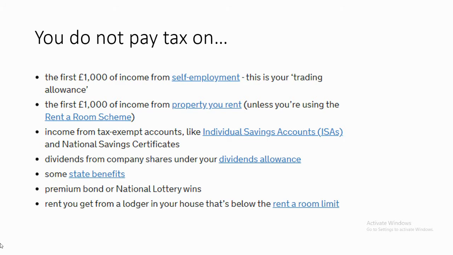Dividends through your company, dividends through shares, up to a certain amount. Okay, so you don't have to pay tax on that. Some state benefits, you don't pay tax on winnings from National Lottery or from premium bonds, and you don't have to pay tax if you have lodgers below a certain rent amount.